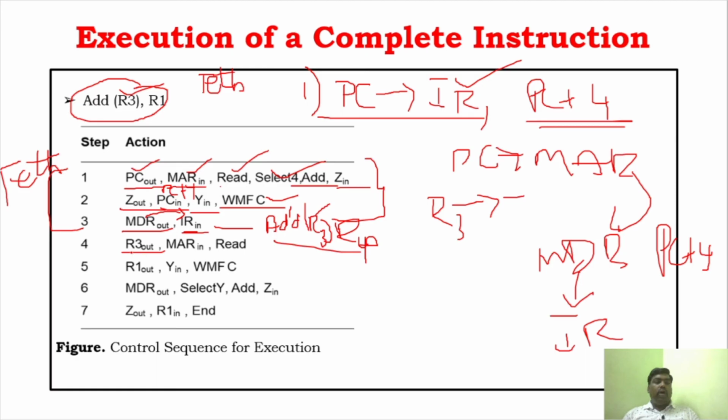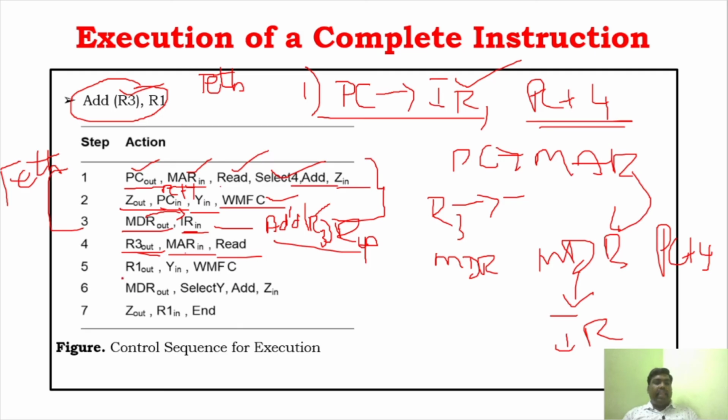So R3 out, and from there it reaches MAR in, and it initiates the read cycle. Why does it initiate the read cycle? Because the content has to move to the MDR. Only then the processor will get that content, so that you are able to add. So it initiates the MAR and the read cycle.